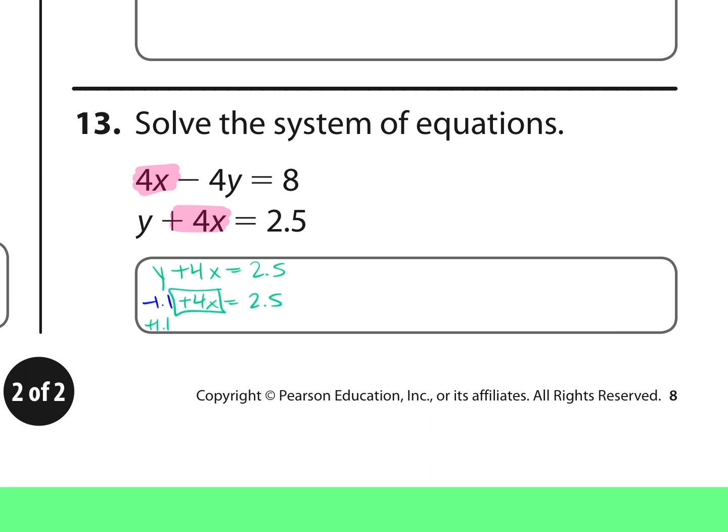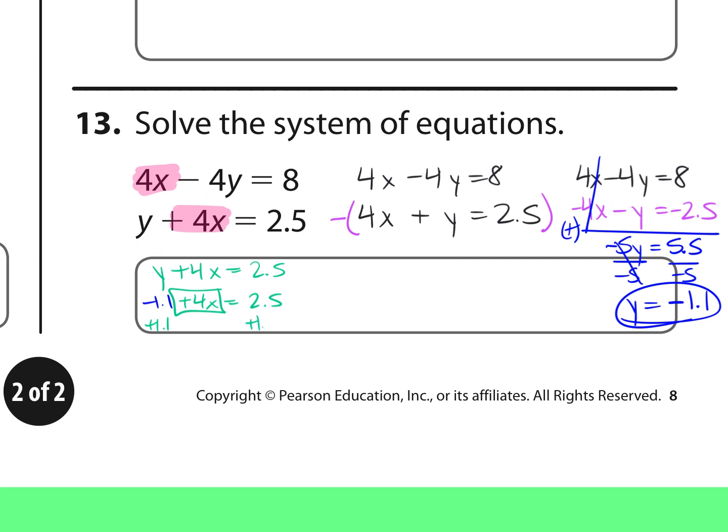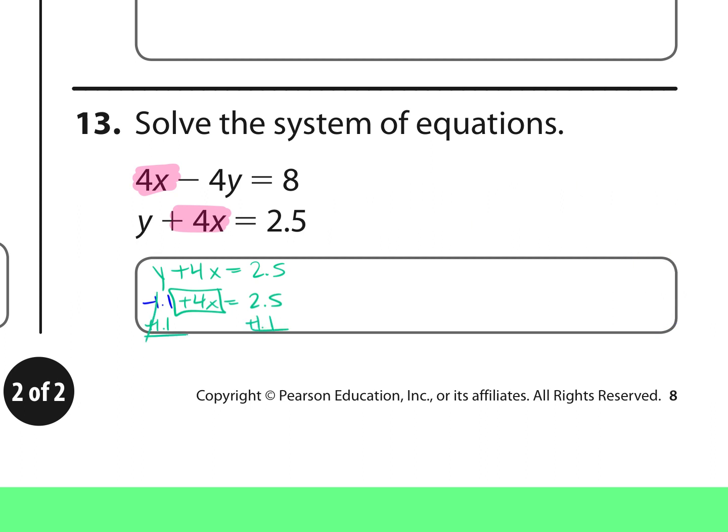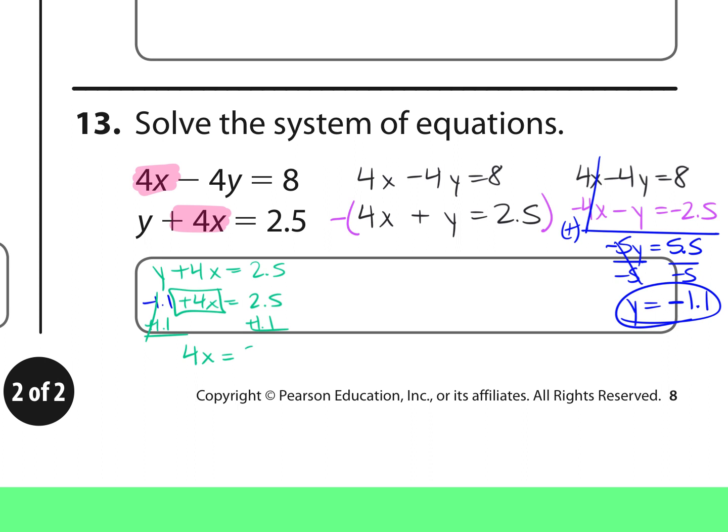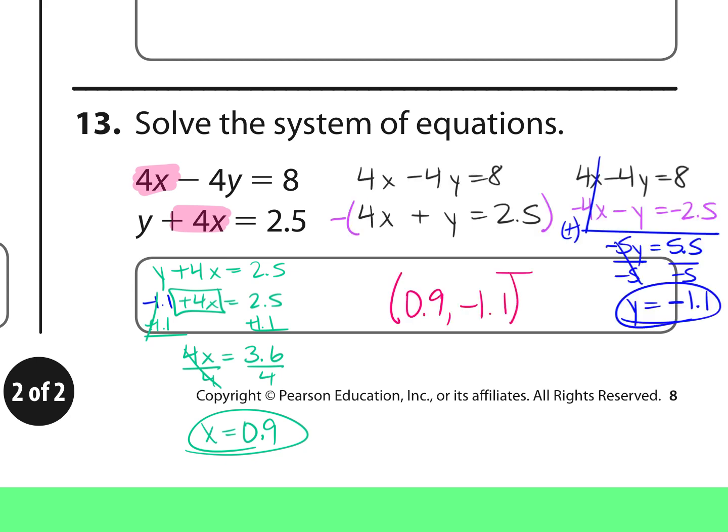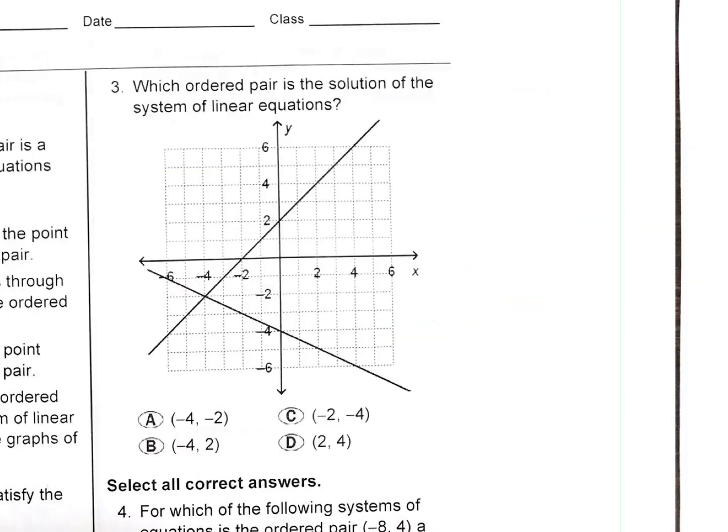I'm going to add 1.1 to both sides to get 4x equal 3.6. Divide both sides by 4, and x is 0.9. So I get the ordered pair 0.9, negative 1.1. I'm finished here.